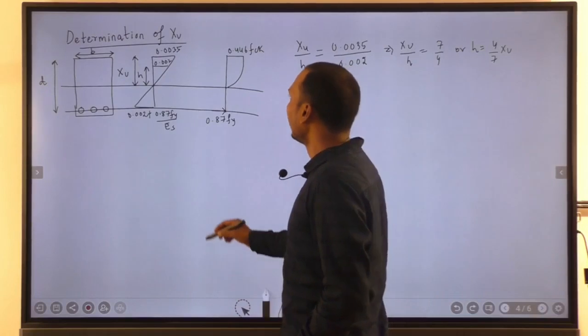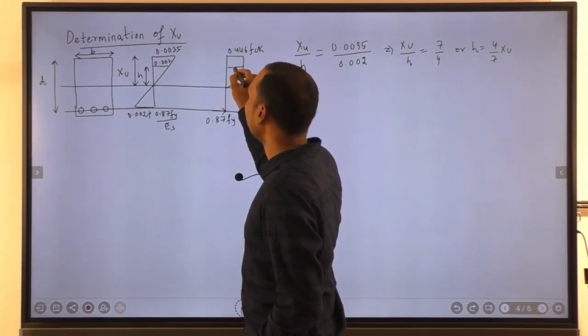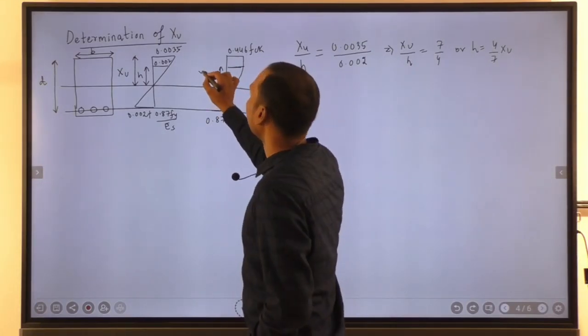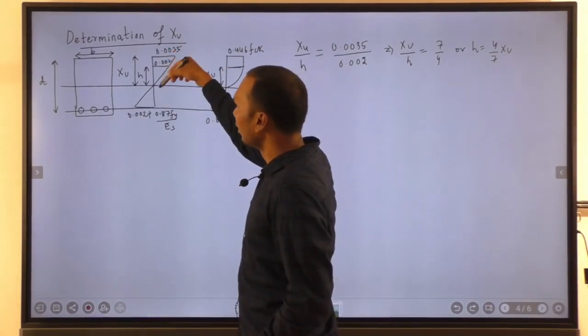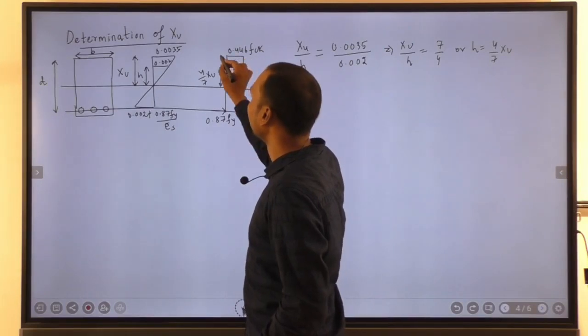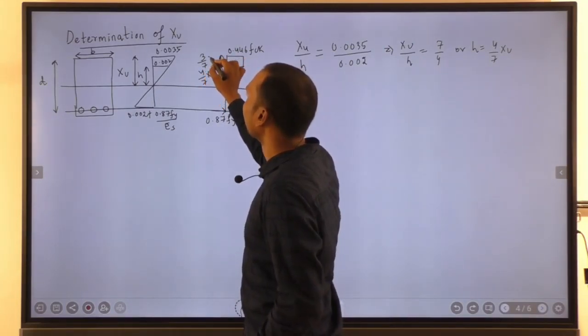So we got the point where the parabolic portion changes to the linear portion at a distance of 4 by 7 of Xu. This entire length is Xu, out of which this is 4 by 7 Xu, so this part will automatically be 3 by 7 of Xu.